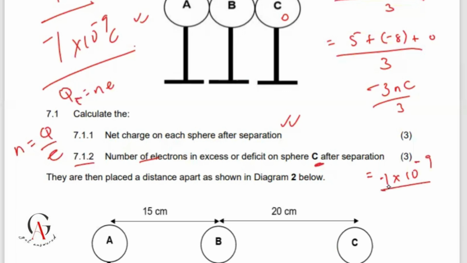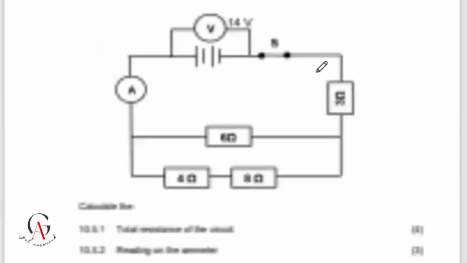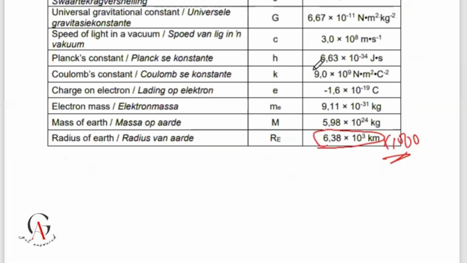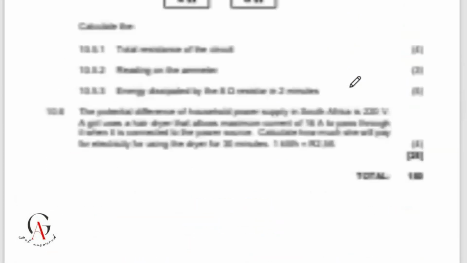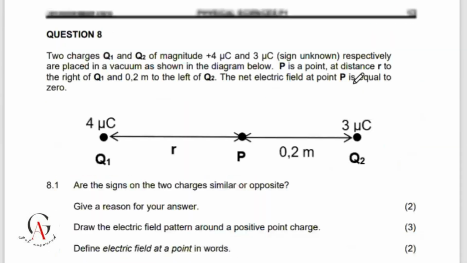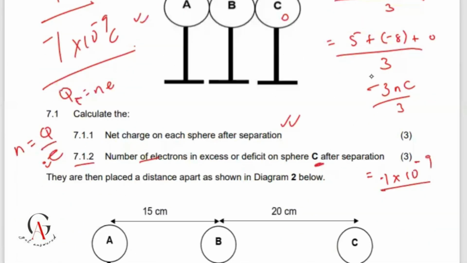It's a negative charge. And then we know the electron charge from our formula page. Okay. From our formula page, electron charge is -1,6 times 10 to the -19.